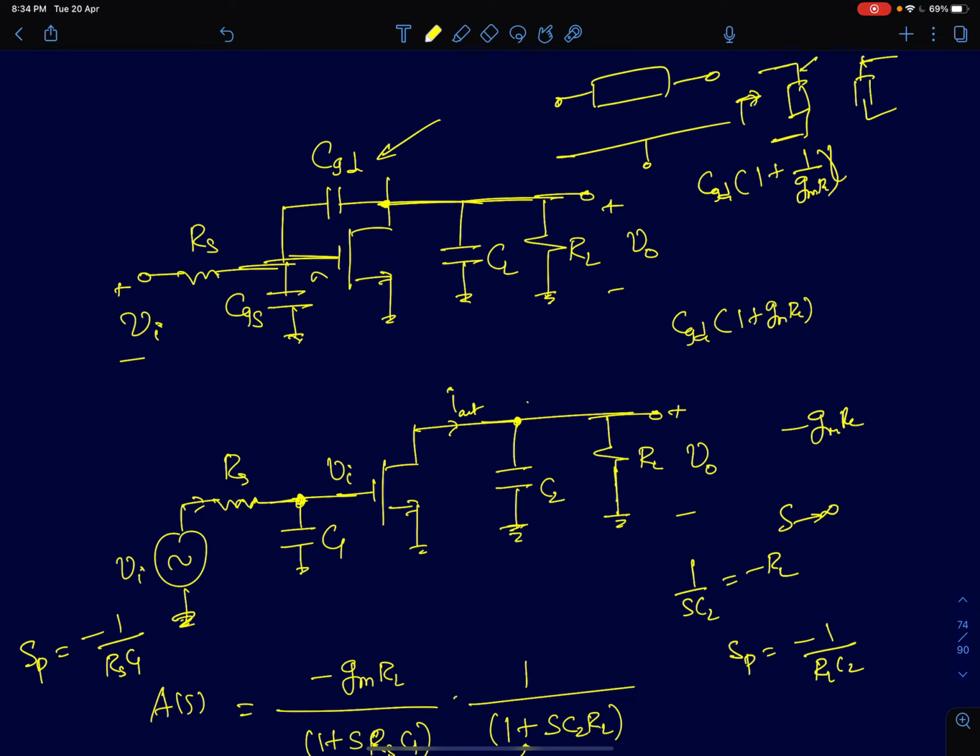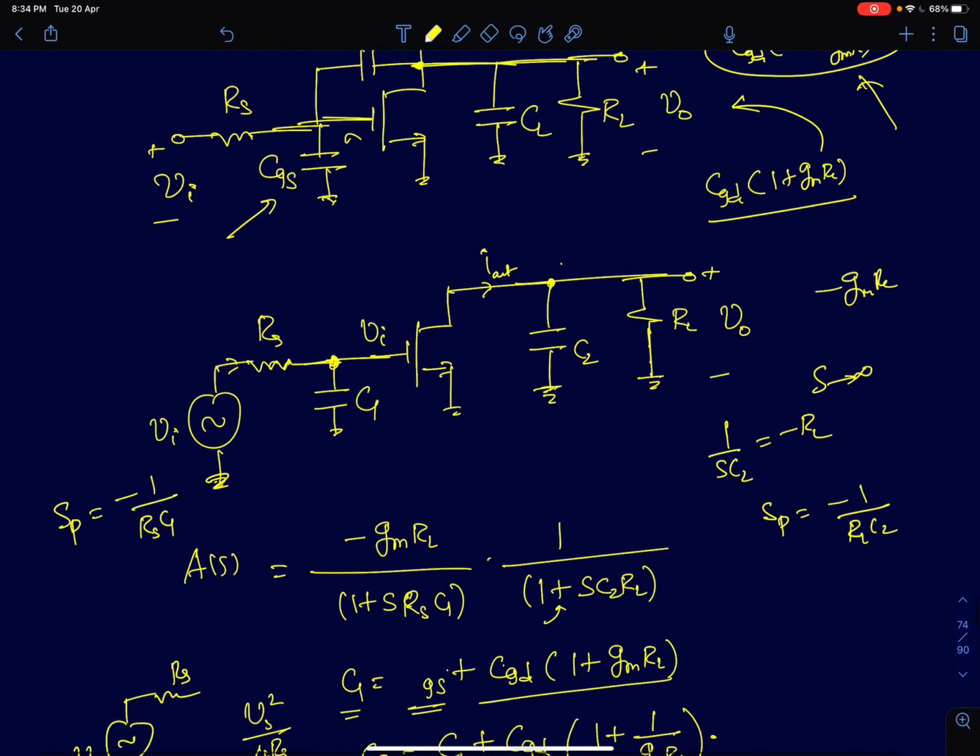So this makes these two nodes non-interacting. And the value of this capacitance CGD reflected at the input port is given by CGD into (1 + gmRL), where gmRL is the gain of this amplifier. And at the output port, it can be modeled as CGD into (1 + 1/gmRL). And this directly follows from Miller's theorem.